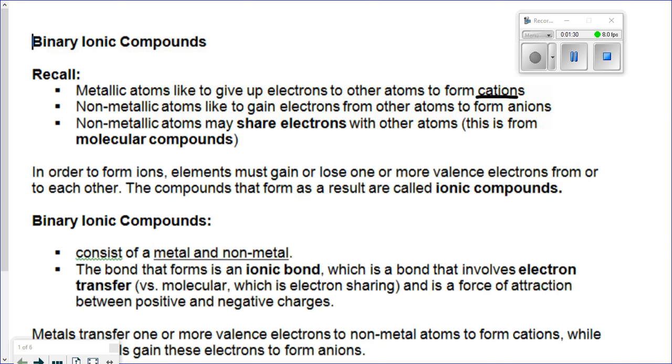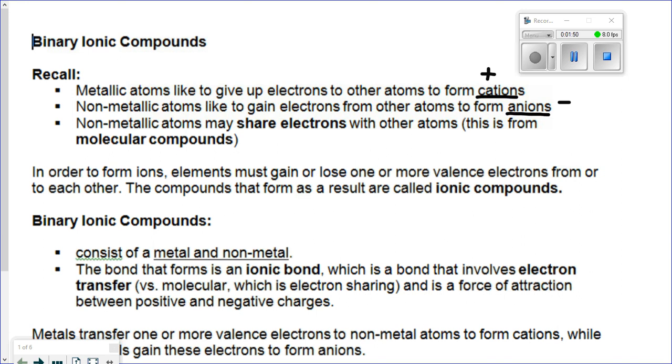Again, cations are those positive charges. Non-metallic atoms like to gain electrons from other atoms to form anions. So anions are those negative charges. Again, that lesson CA5 is really important for understanding the next part. So if you didn't watch my lesson, go back and have a peek right now.